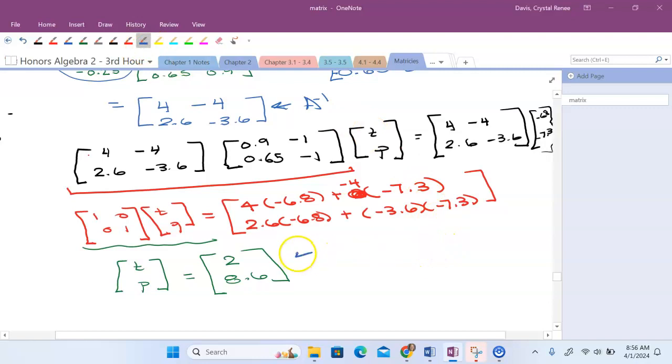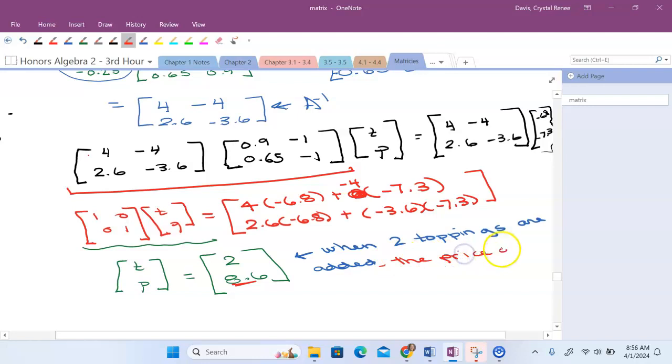Okay, so to interpret what this means, my T is 2, so when 2 toppings are added, the price of each pizza is $8.60. That's a wrap.